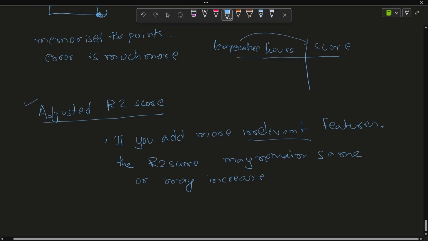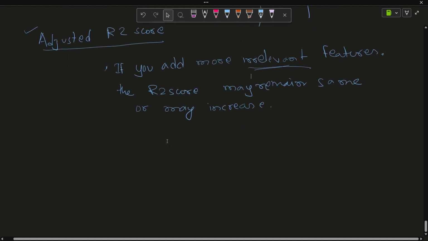Temperature by nature doesn't affect the score. It can if he or she drops out when there is more temperature, just joking, but directly it will not have any impact on the score. So it's irrelevant, but the R2 score might increase or remain the same, when it should decrease. That's why adjusted R2 score came into the picture.